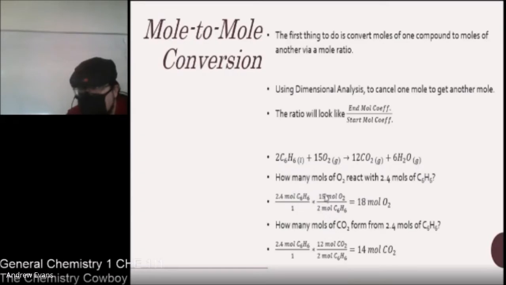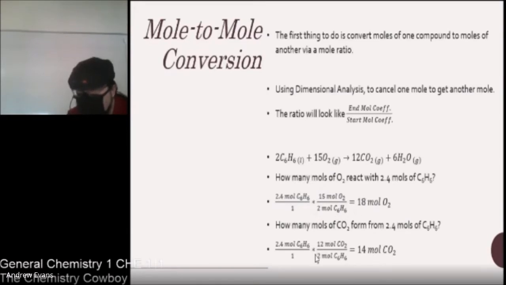Why is it 15 and not 12 or 6? Well, we're asking a question about oxygen, so I'm going to use the coefficient for oxygen. And then I just carry the reaction through. 2.4 divided by 2 is 1.2. 1.2 times 15 is 18. So 18 moles of oxygen would be needed to fully react with 2.4 moles of benzene.